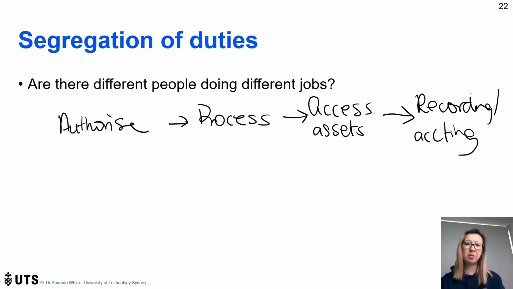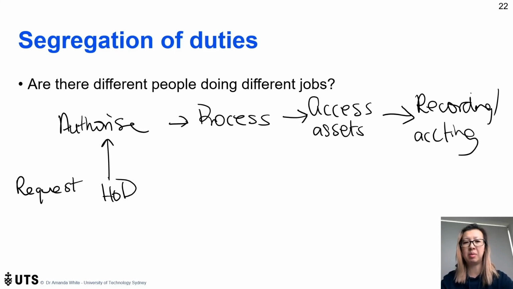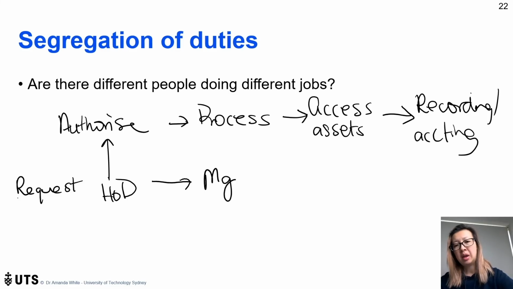And let me give you an example. For example, I want to buy something for the university. Well, the first thing I need to do is I need to create a process for a request. Then that request has to be authorized by my head of department. Okay? Then that is actually processed by our manager of our school or of our discipline.